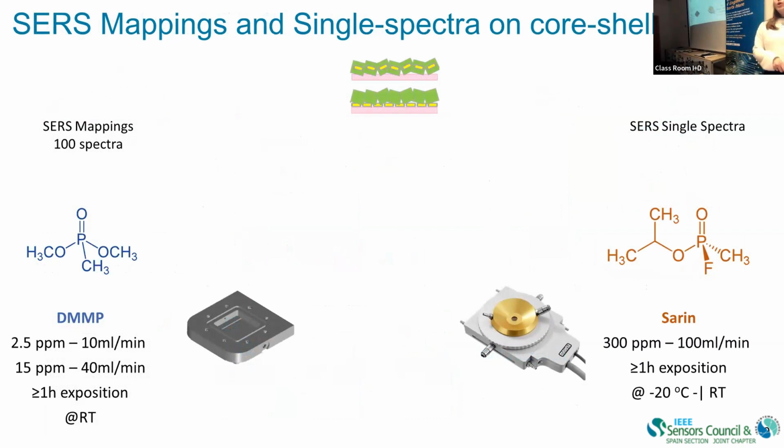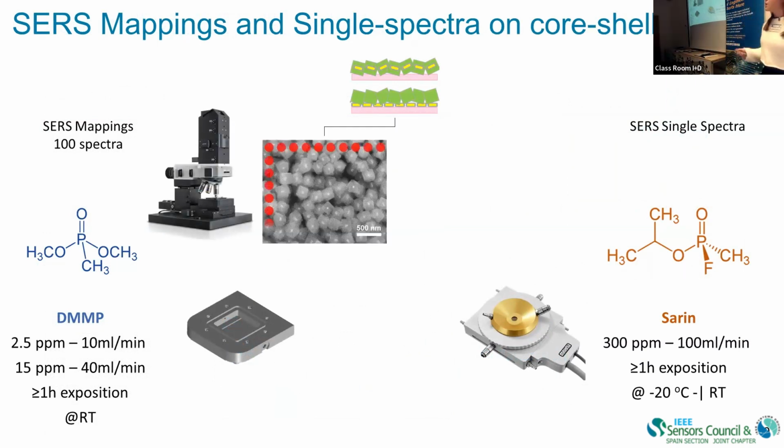And since we already performed single spectra, we wanted to see the homogeneity of these results in larger areas. So we performed Raman mappings, SERS mappings, sorry, in the benchtop equipment. So basically what we did was collect 10 by 10 points covering the whole mapping area, in which each point represents one single spectrum.